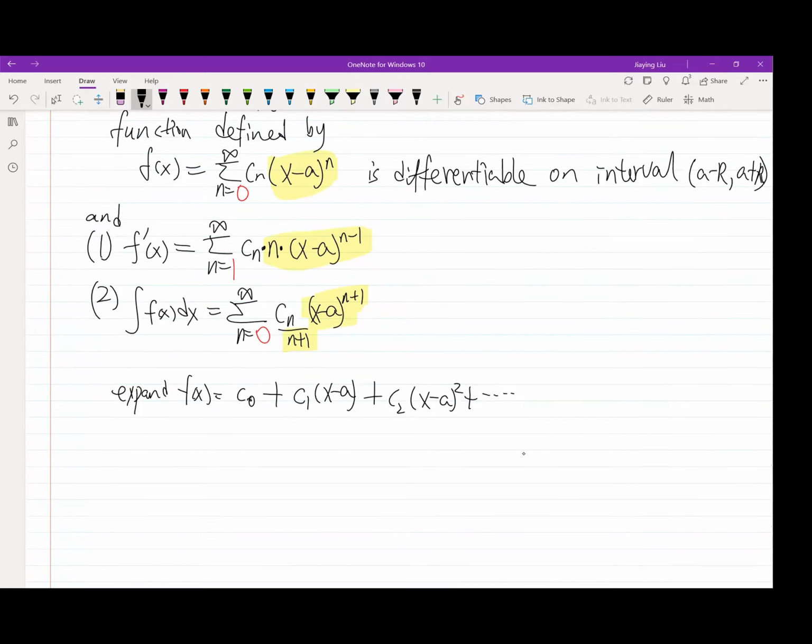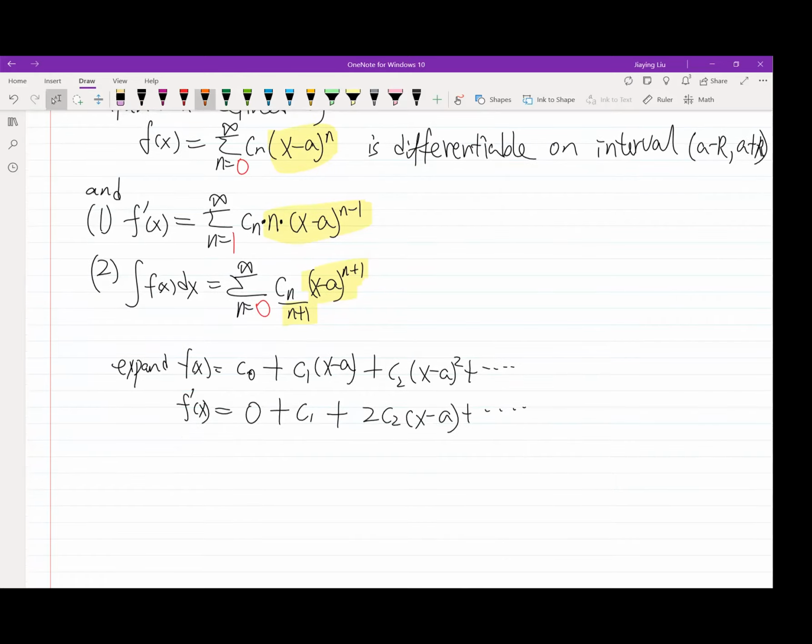But when we take the derivative, f prime of x, the c0 is a constant, so that becomes 0. Plus, when we take the derivative of x minus a, we get 1, so we get c1 times 1, just c1. Plus, the next term will give me 2 c2 times x minus a, and so on.